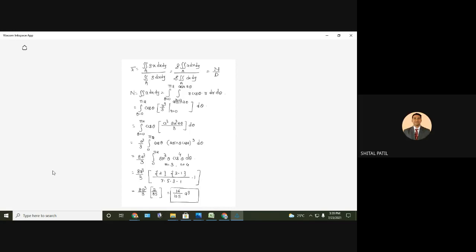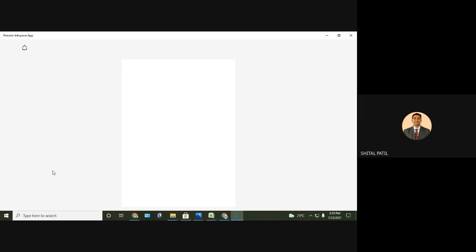Okay, let me change the page. Denominator is, it's like finding area.